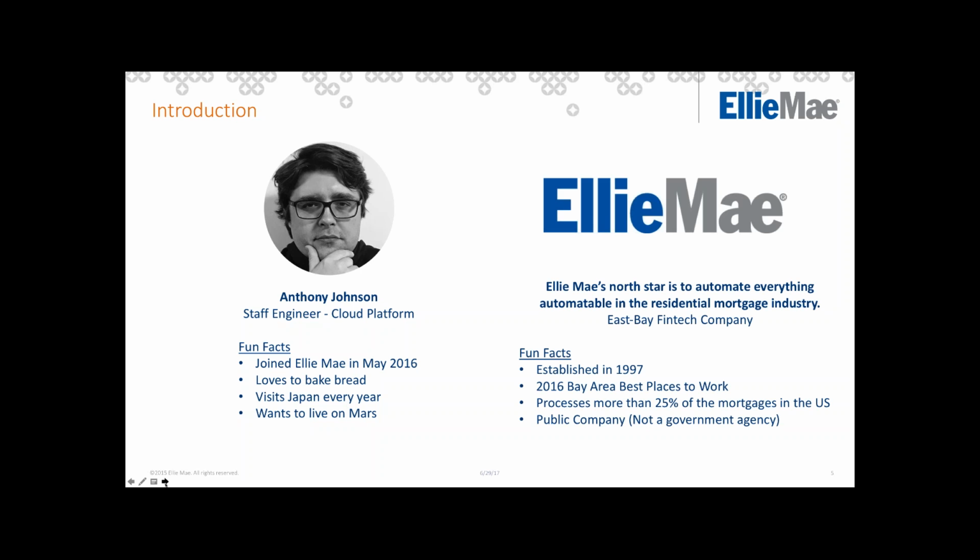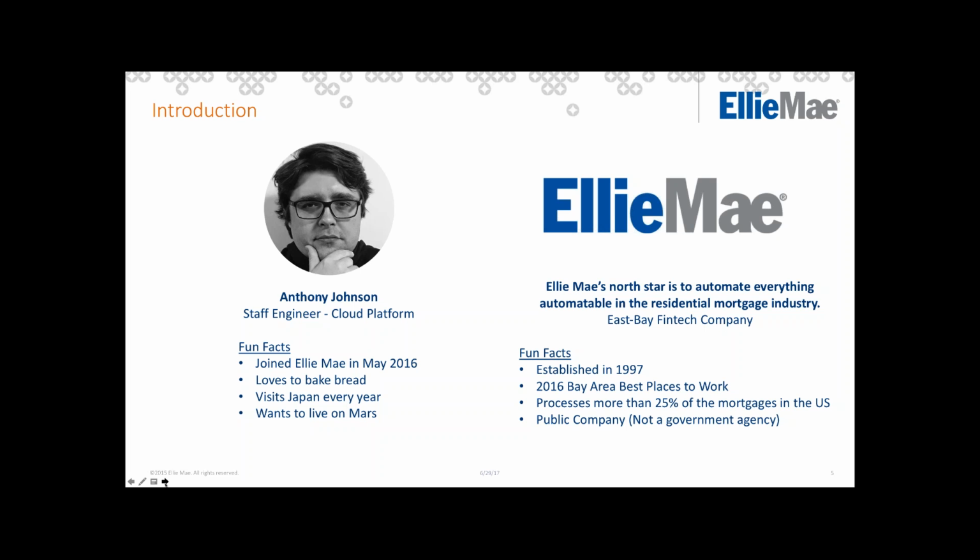A bit about Ellie Mae. Ellie Mae is not a government company or government entity. You're probably thinking of Fannie Mae. We actually played off of that name, and Ellie is kind of electronic. They're very clever, but it's an older company, established in 1997. It's a Bay Area company.